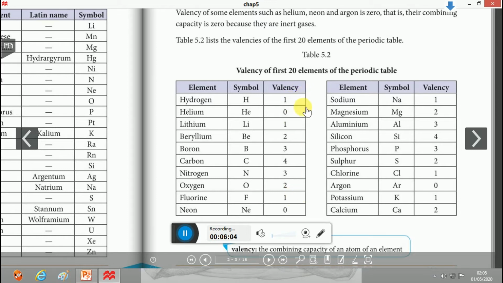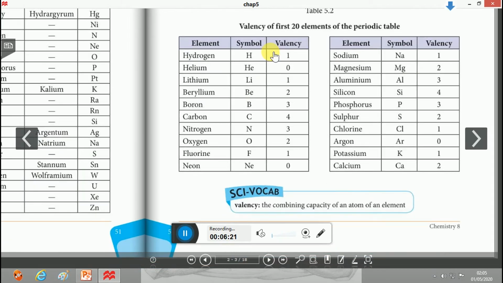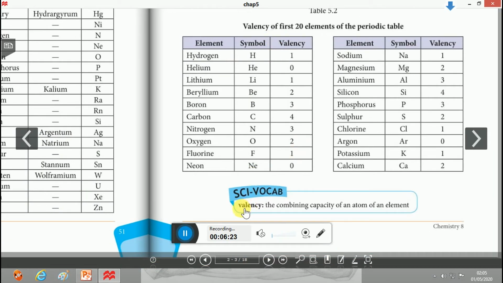These valencies are very important for writing the chemical formula of a compound. You have to remember all these valencies. For example, silicon, the valency is 4, phosphorus 3, sulfur 2, argon 0. This is the one-line definition of valency.